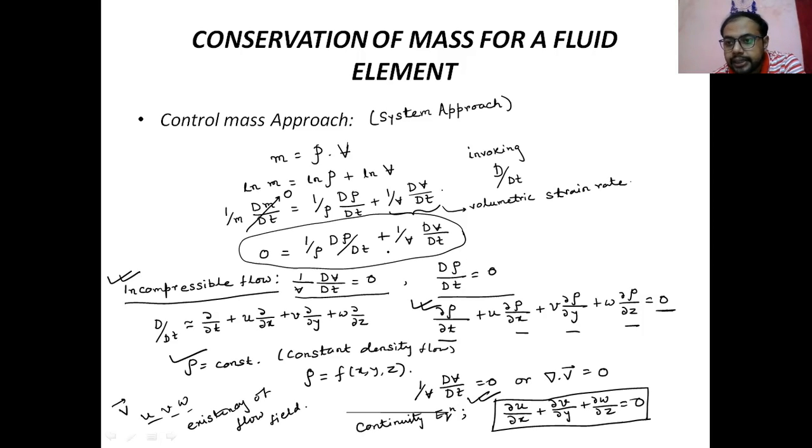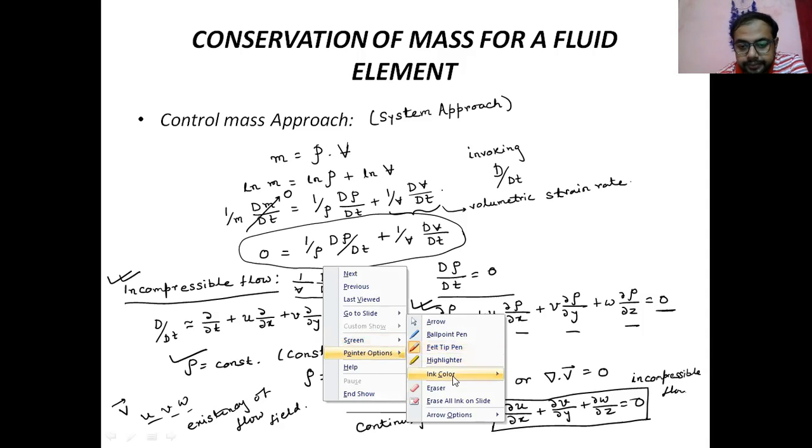So again, I am rewriting this equation if it is not an incompressible flow, if it is a compressible flow. For the general case, we'll see what equation comes. This equation is only valid for incompressible flow. Mostly all liquids might be covered here. But if the flow is not incompressible, then what would be the condition?